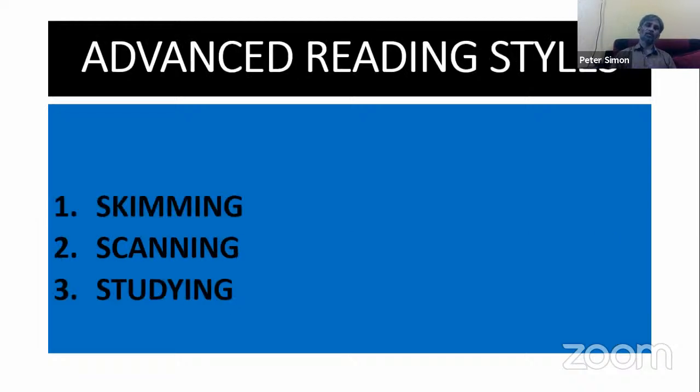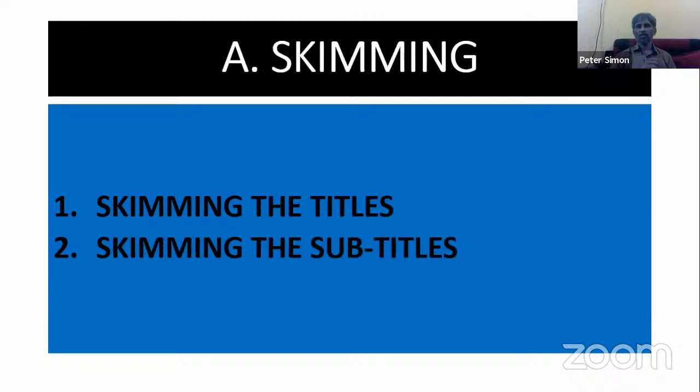So advanced reading styles have 3 different things I told you: skimming, scanning, and studying. Now let us see about skimming. You have to skim the titles and the subtitles. Then you will understand where is what. So simple it is.